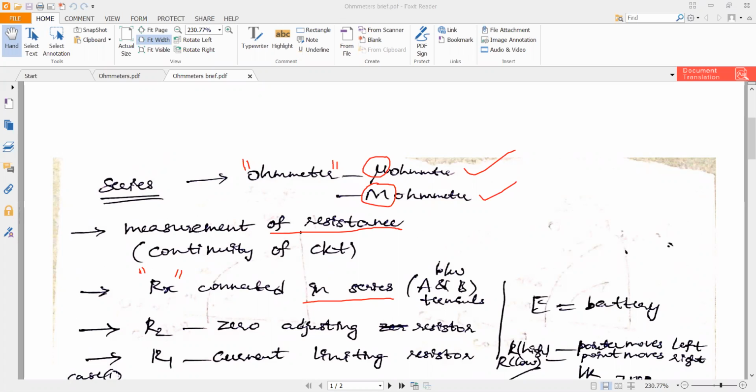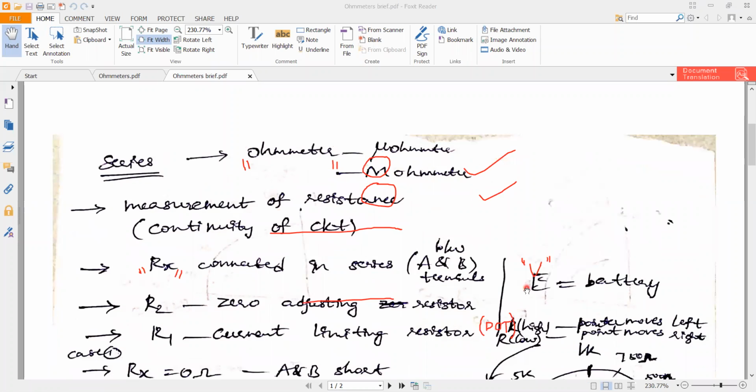And this R2 is one more resistor, a zero adjustment resistor, just like a potentiometer. And R1 is a current limiting resistor. And the battery is going to be connected in the circuit. This is the construction part.